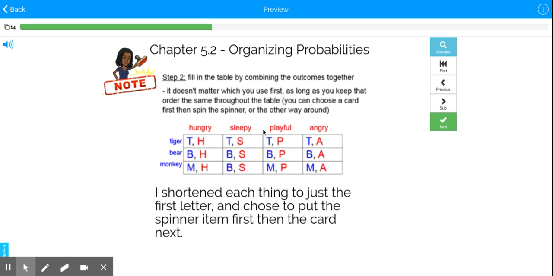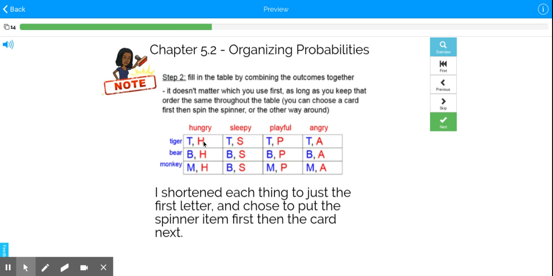All right, now step 2, you fill in the table by combining the outcomes together. Again, it doesn't matter which one you start with, but be consistent. If you like to start with the rows, start with the rows. If you like to start with the columns, start with the columns. This one, we just shortened it, and we started with the rows. B for bear, M for monkey, H for hungry, S for sleepy, P for playful, and A for angry.